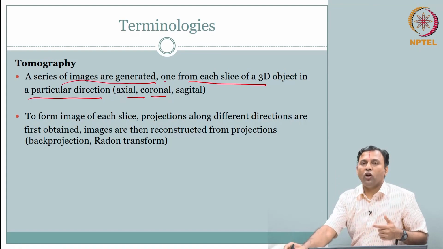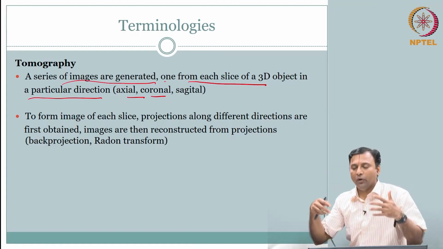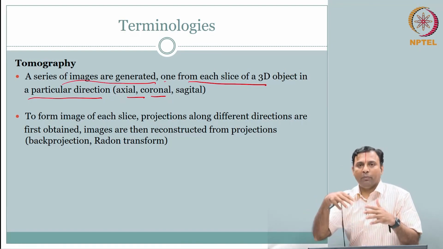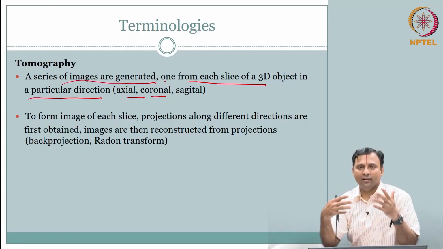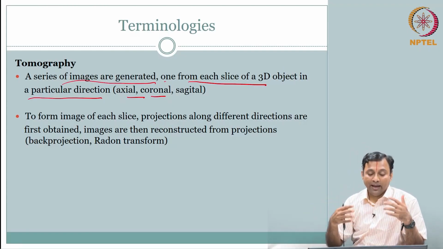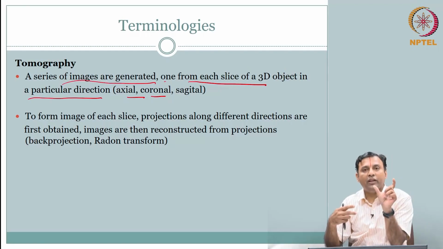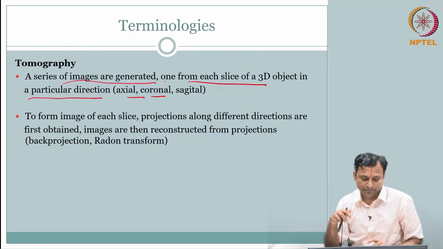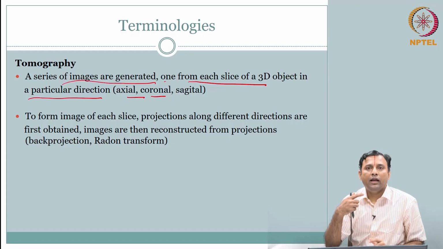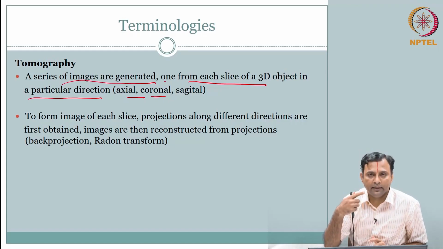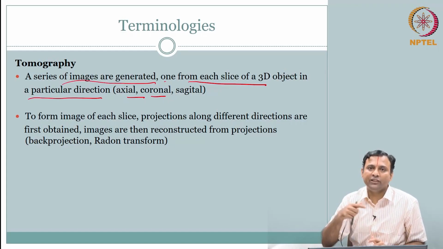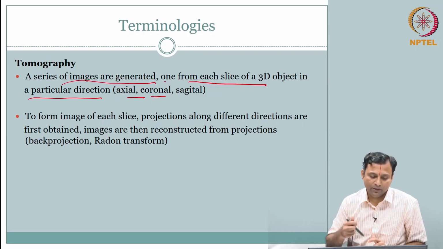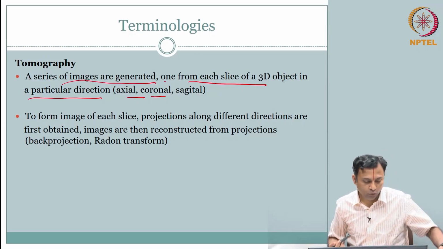So can I use all the slices from different orientations, not just perpendicular, any view angle, so that I can actually get the 3D object? Can I form the 3D object from a series of 2D slices? That is what we mean by tomography.